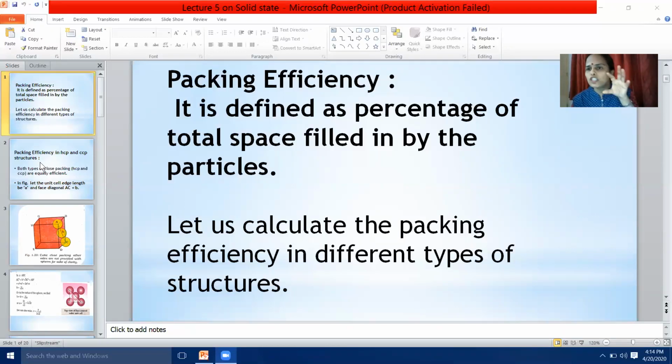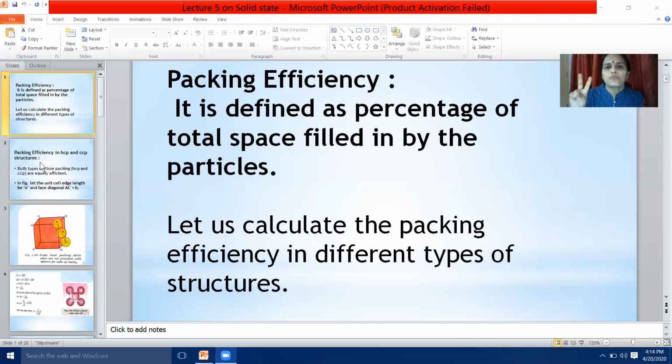Here also, in the spheres, we'll see which is the efficient packing in the different types of structures. We'll deal with three different types of structures. First, we'll see the HCP or CCP arrangement.